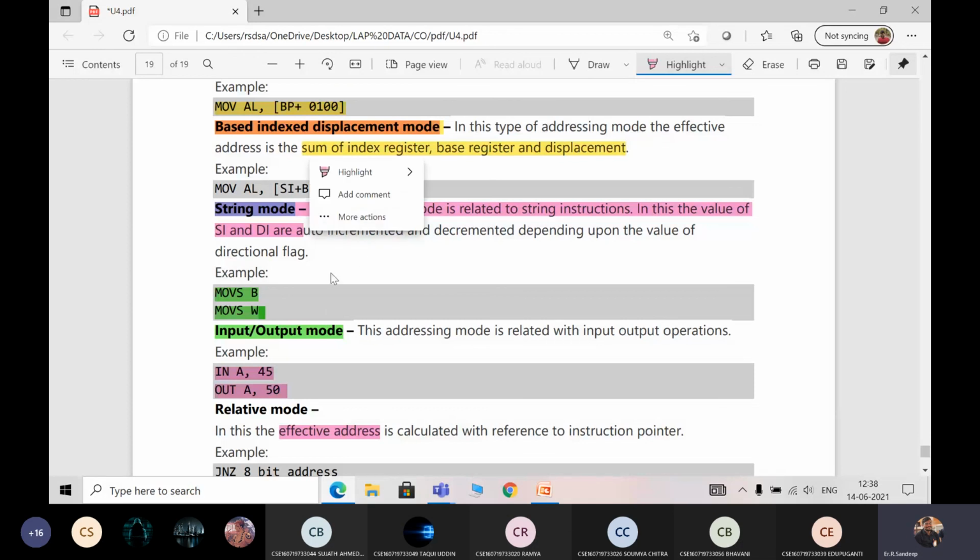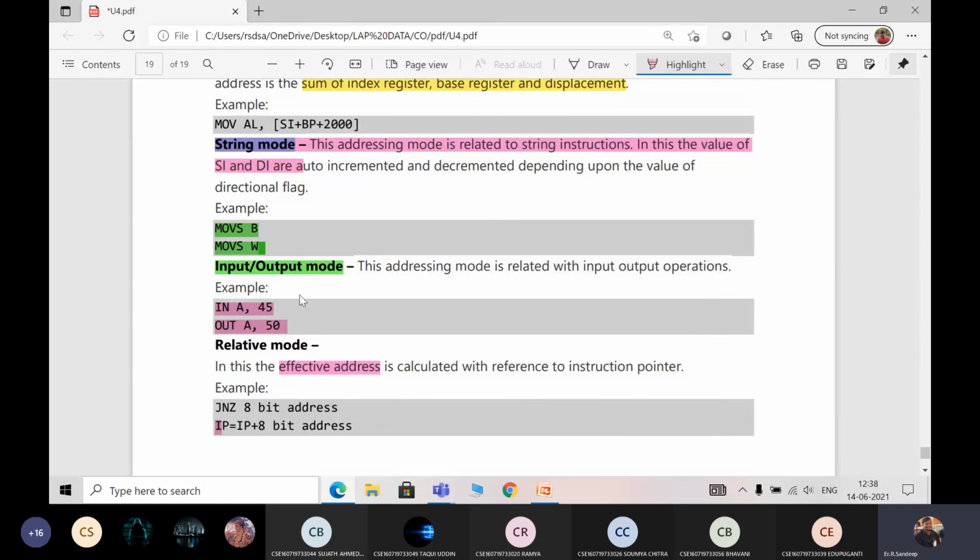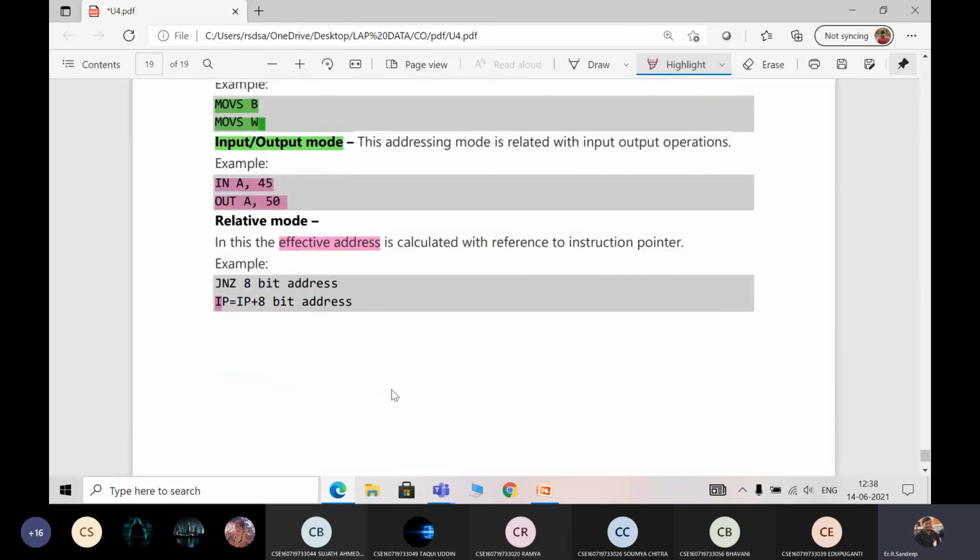At least up to base index with displacement everyone has to remember, and string, input output and relative are extra.